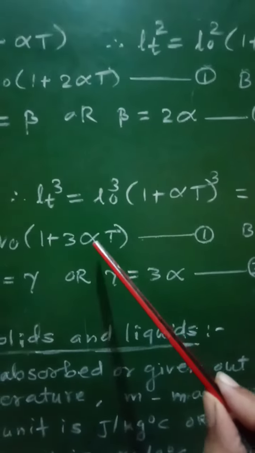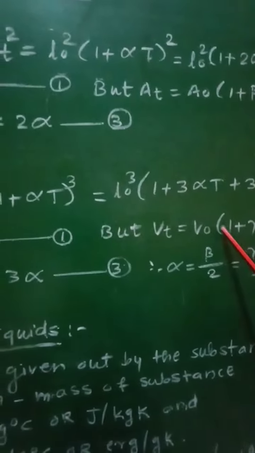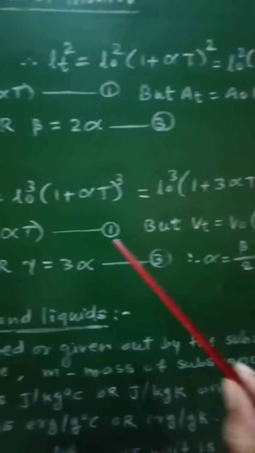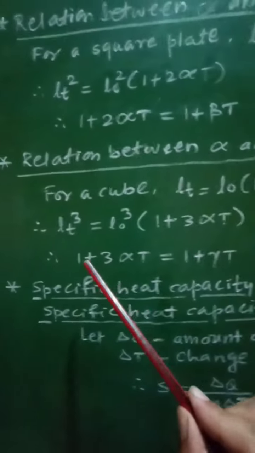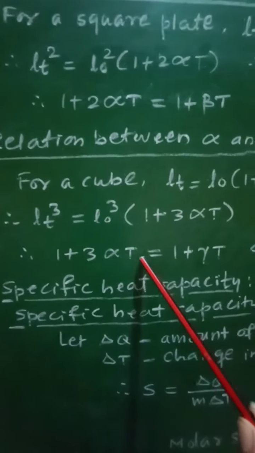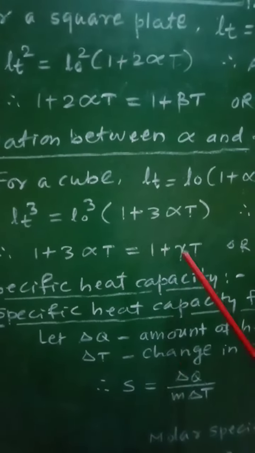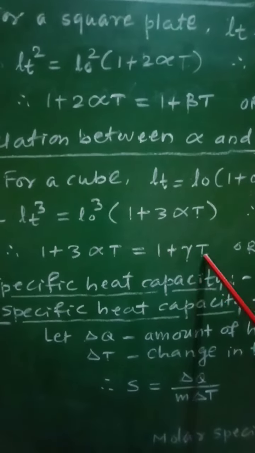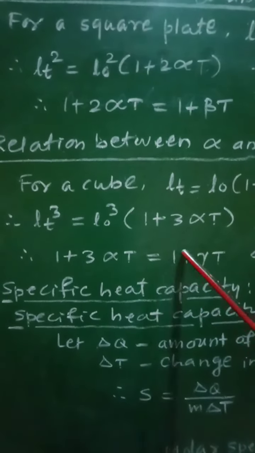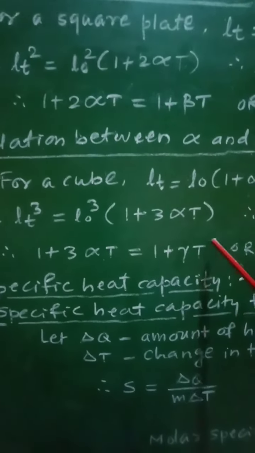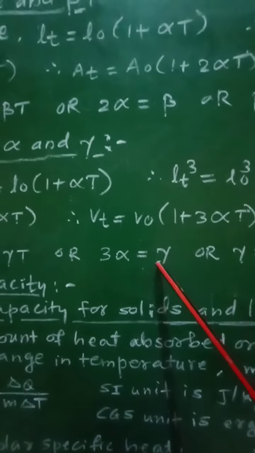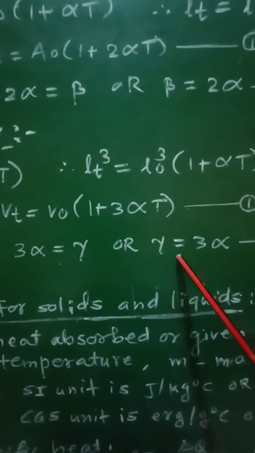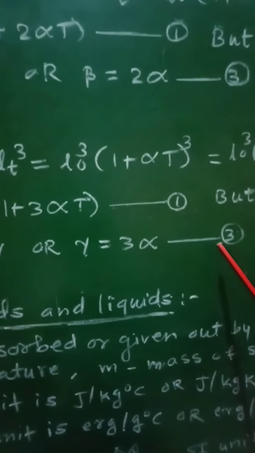Again comparing equation number 1 and equation number 2, as their left sides phi T and phi 0 are also the same, we can write 1 plus 3 alpha T must be equal to 1 plus gamma T. Cancelling 1 on both sides as well as T on both sides, we will get 3 alpha equal to gamma, or gamma equal to 3 alpha, equation number 3.